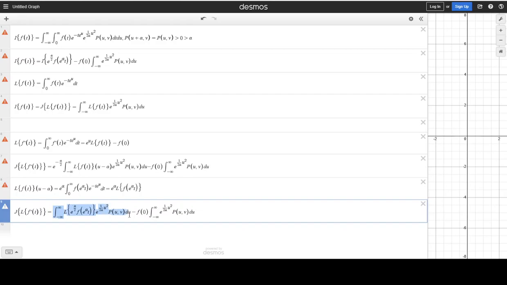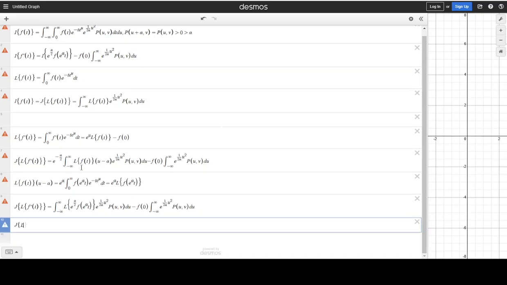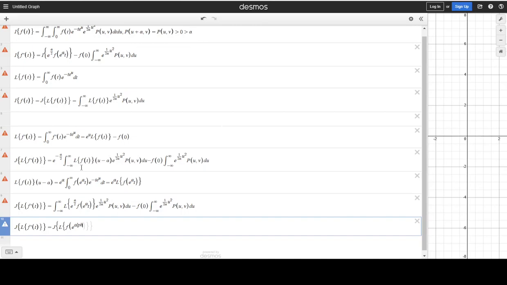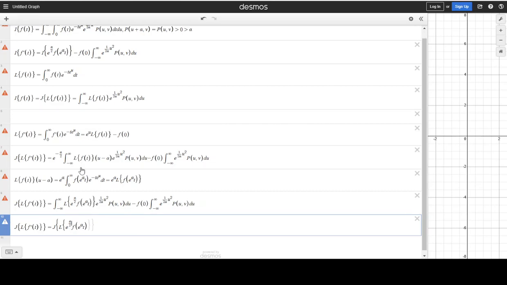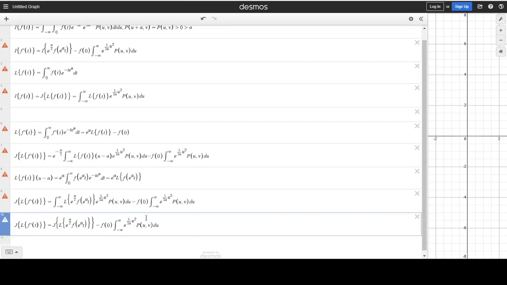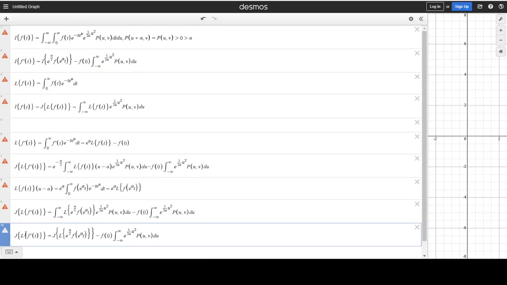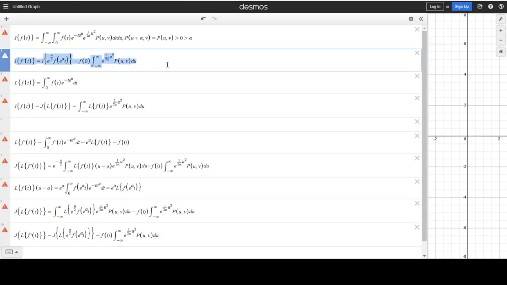This, by definition, is literally just going to be equal to J L f prime of t equals J L f of e to the power of alpha t, e to the power of alpha over 2, minus f of 0. And then our I, we just replace J L with I, and then you get this. And J L is equal to this.